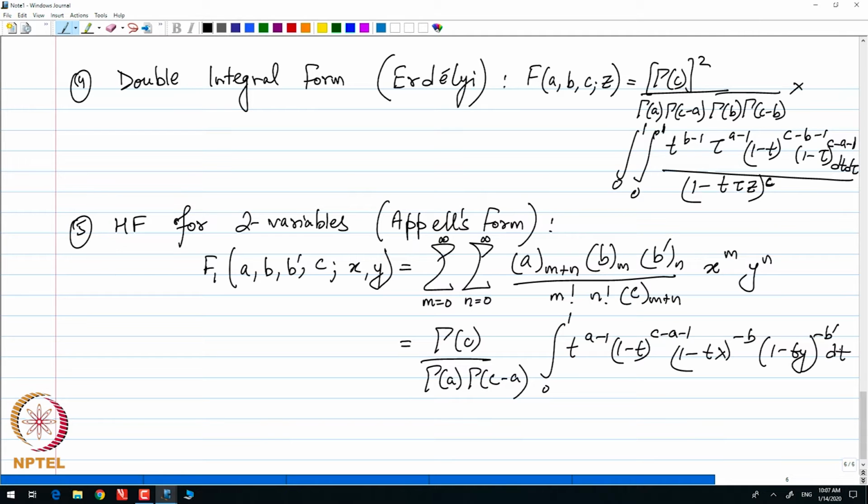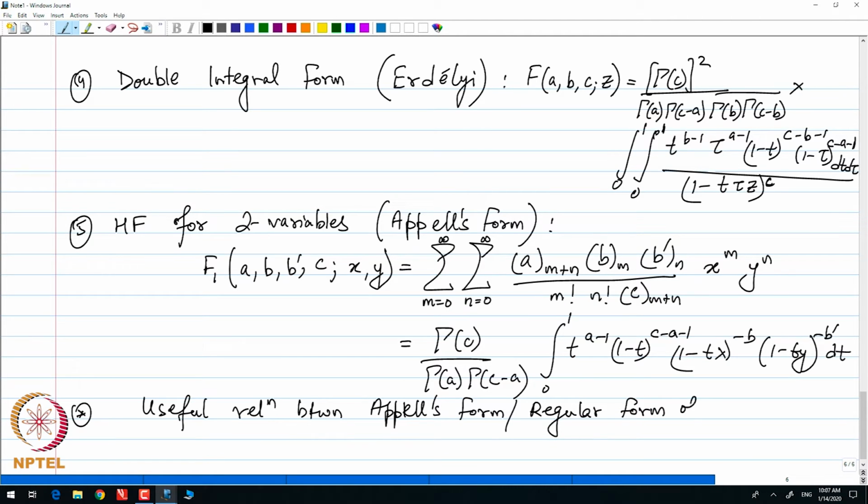Okay. So, then some useful relations for this Appel's form. Along this line I am going to mention some useful relations between the Appel's form, or the two variable form, and the regular form, or the one variable form, of the hypergeometric functions.